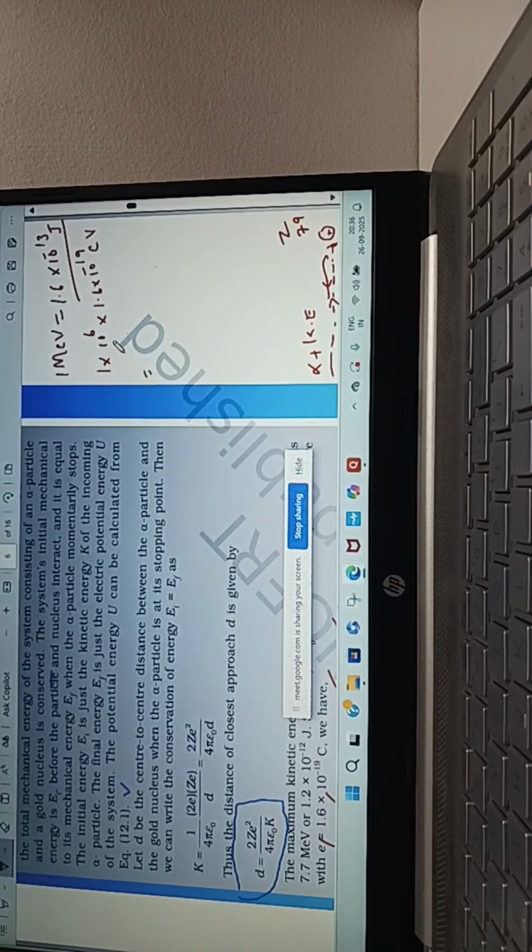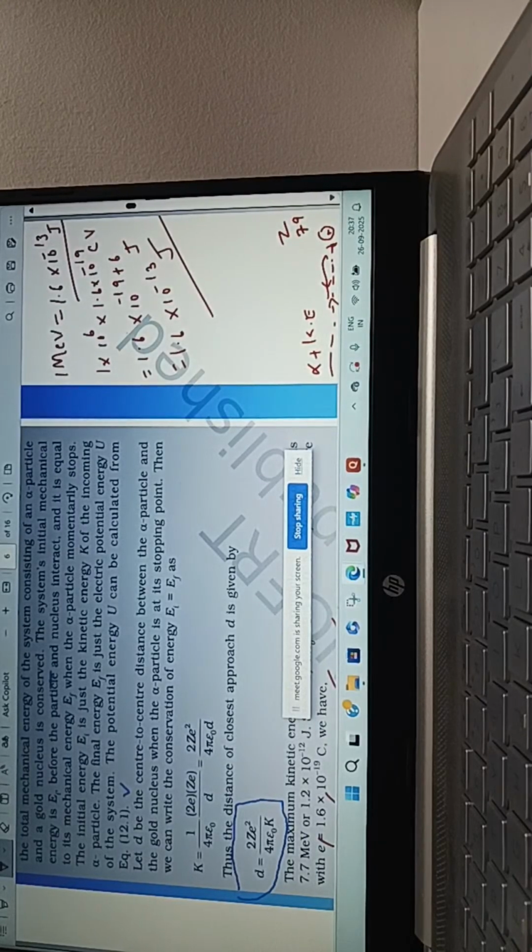So 10 to the power of 6 and 10 to the power of minus 19, how much? 1.6 into 10 to the power of minus 19 plus 6. Coulomb volt will become joule. Right? So how much is the answer? 1.6 into 10 to the power of minus 13 joule. Is it visible to you? Yes, sir.